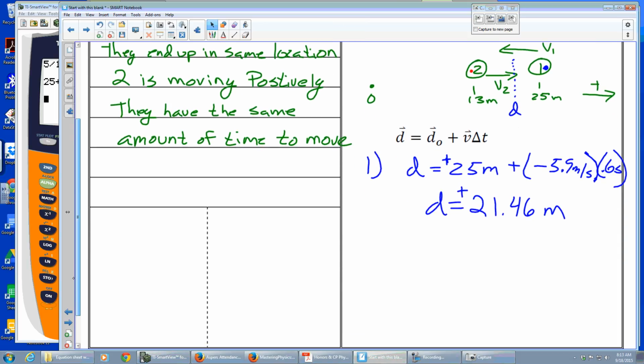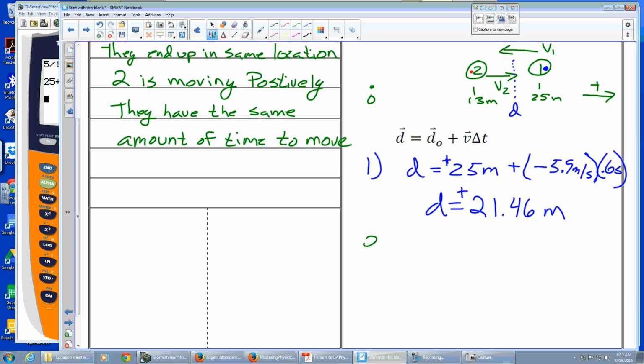Now let's look at number 2, unless there are questions. Pretty straightforward. Pretty good. Okay, same equation, I'm going to use the same equation, and I know that 2 is going to end up at D also.